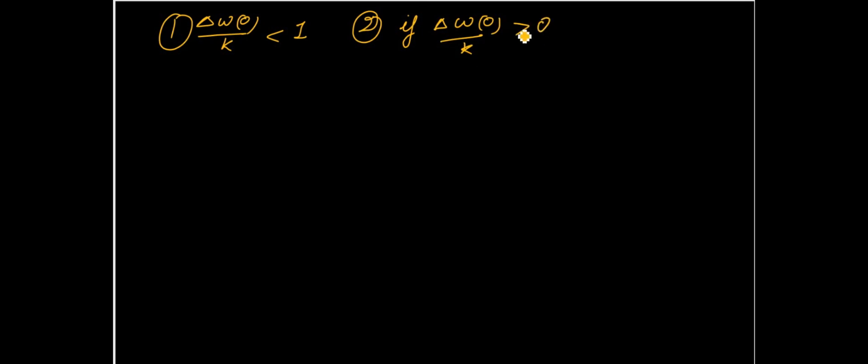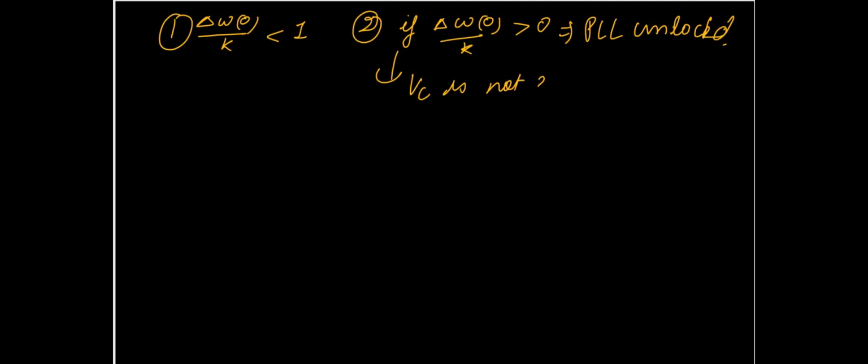So what have we learned in today's lecture? We saw the condition of PLL locking. That was point 1. Point 2, if that is not met, then the PLL is unlocked. If the PLL is unlocked, how do we make it lock? The issue was that VC is not high enough, so we have to increase the VC.